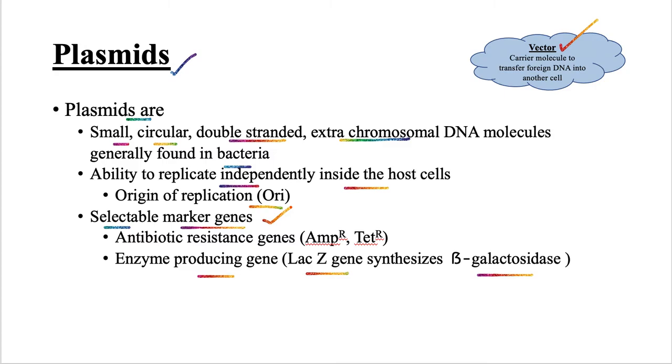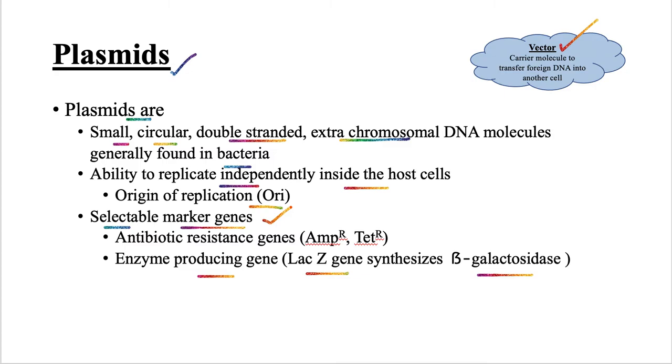We do this transformation, and transformation is one of the inefficient processes. So how do we distinguish between those bacterial cells that have been transformed, that have taken up our plasmid having our gene of interest, and those bacterial cells that have not taken up the plasmid?